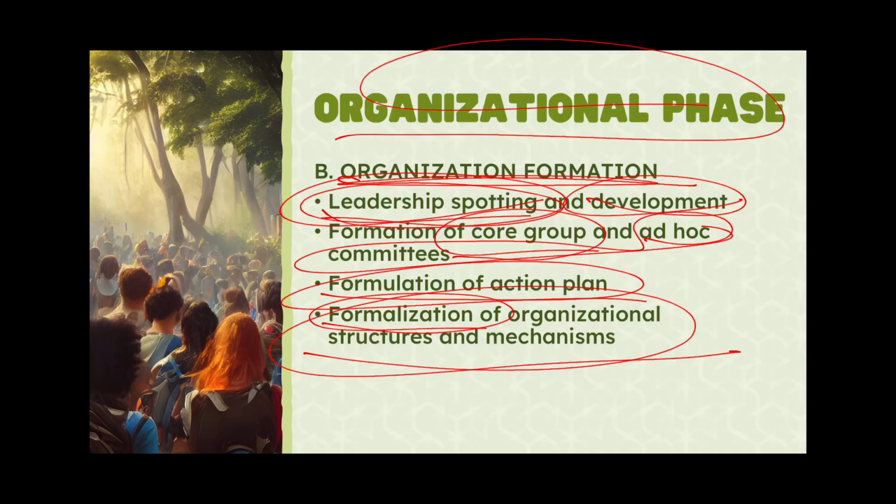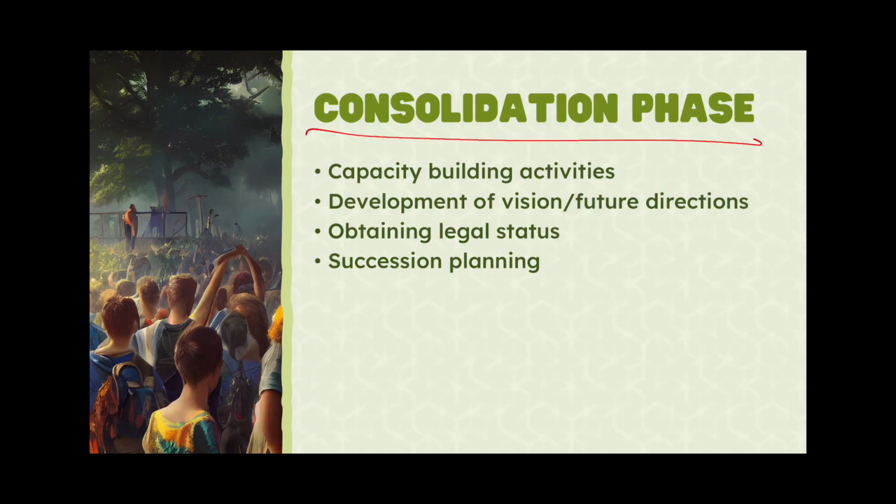Right? Next is the consolidation phase, wherein we have already built the organizing structures in the community, the structure of people, the core group, the ad hoc committees, and then we need to capacitate them. We need to empower them through many ways.